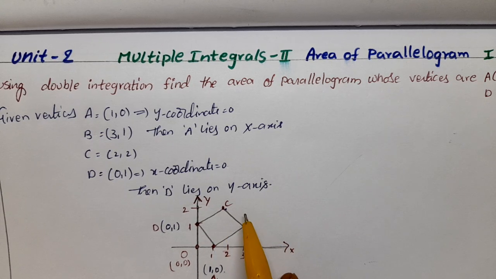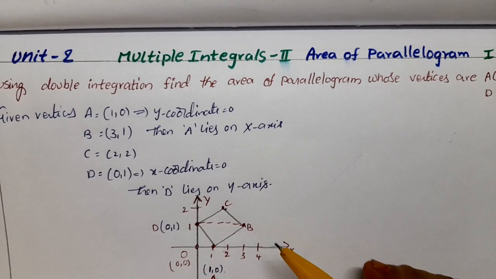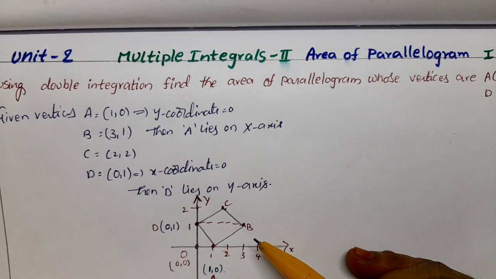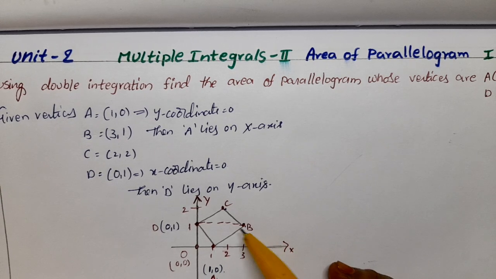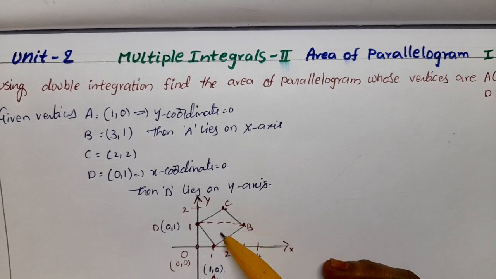To calculate the area of this parallelogram, in a parallelogram each diagonal splits the parallelogram into two triangles. So the diagonal BD divides the parallelogram into two triangles.